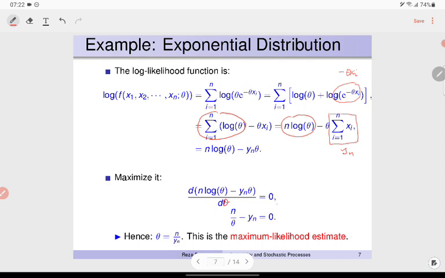Now from this, we can solve that theta is equal to n divided by yn. This is our maximum likelihood estimate. So given these n observations, this is the best estimate that we have of the rate of the exponential distributions that govern those n inter-arrival times.